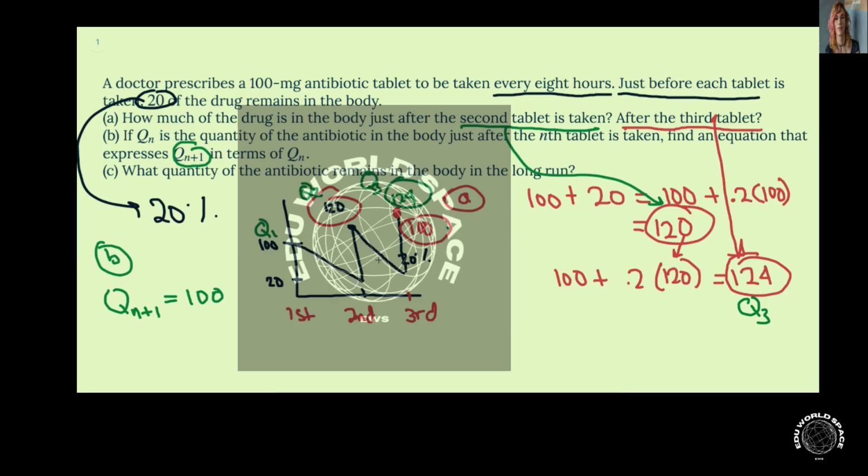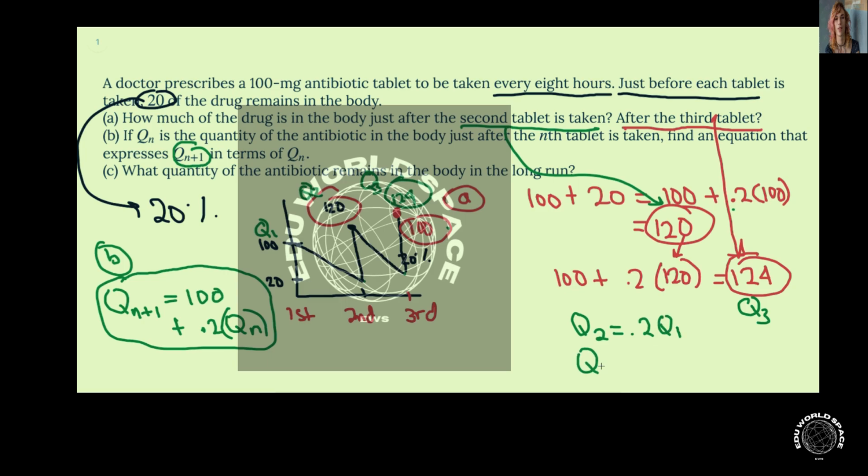But what are you adding the 100 to each time? You're adding it to 20% from your previous dosage. So this will be 0.2 of your previous dosage Qn. This is the formula that we used indirectly in part A, where we did Q2 equals 0.2 Q1, and Q3 equals 0.2 Q2.